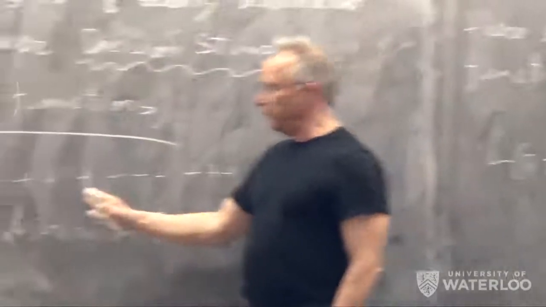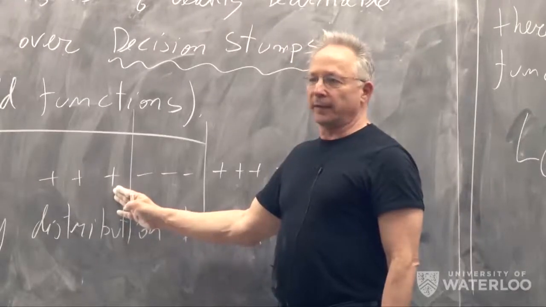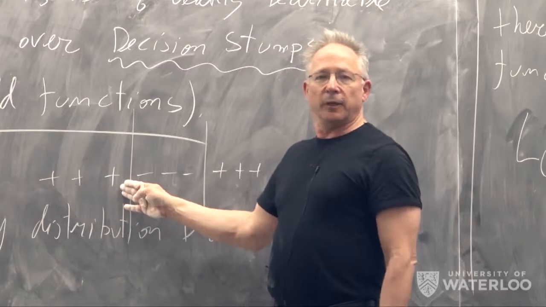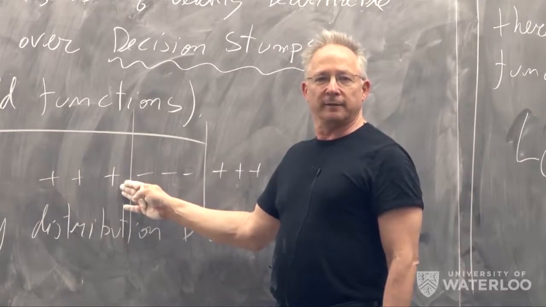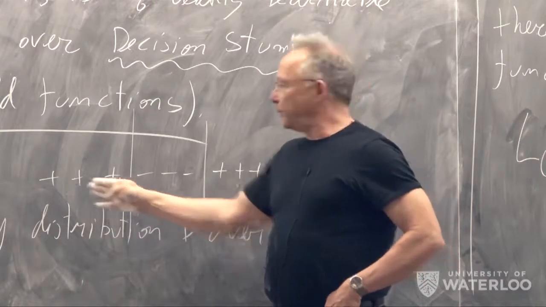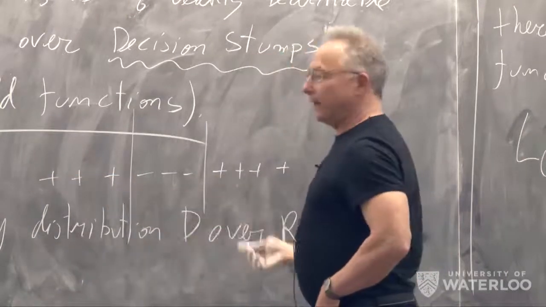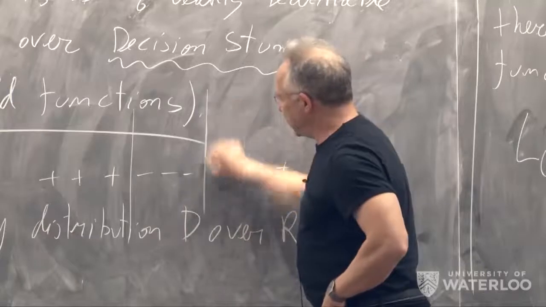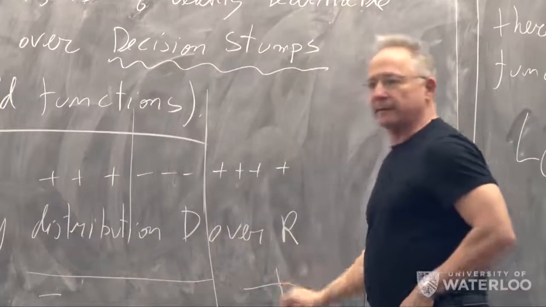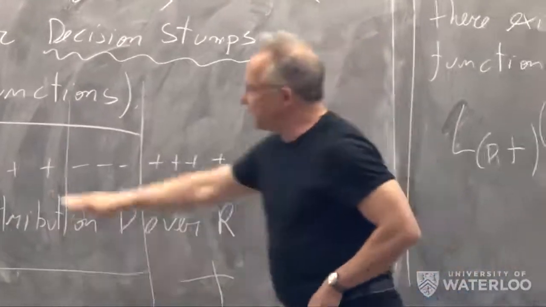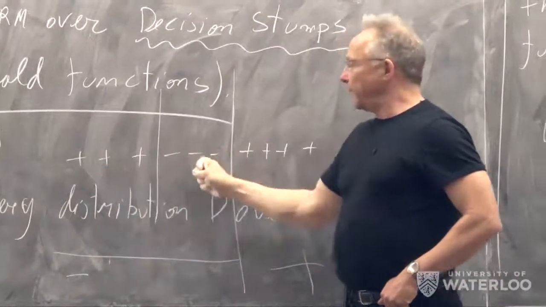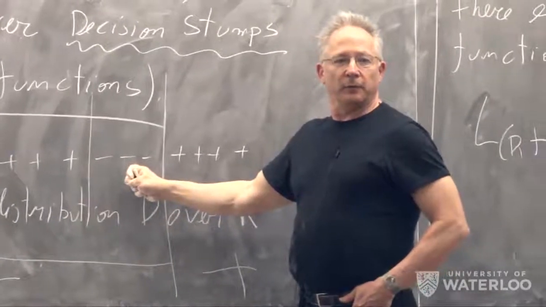If I want to err only here, which threshold should I pick? I'll pick the threshold that says I cut it here, I do all of this minus and all of this plus. What will be my error? My error will be only here.